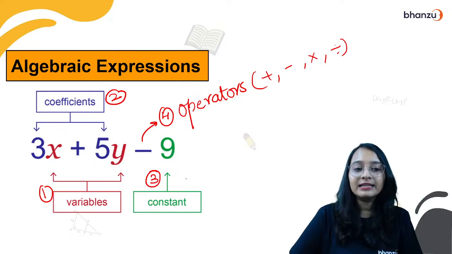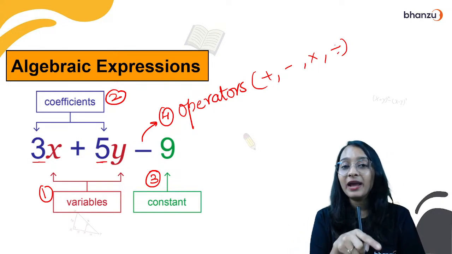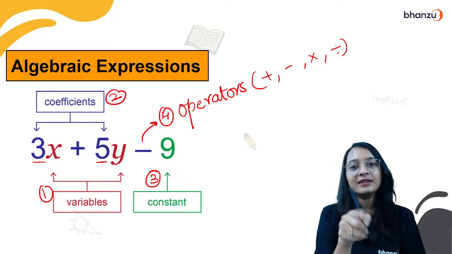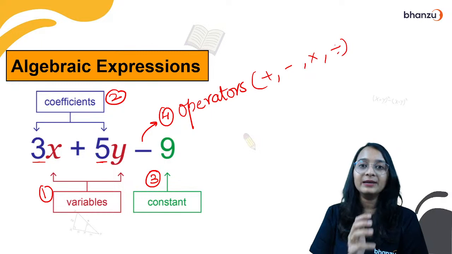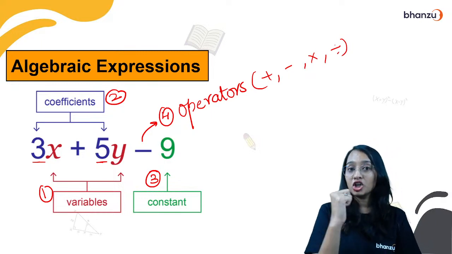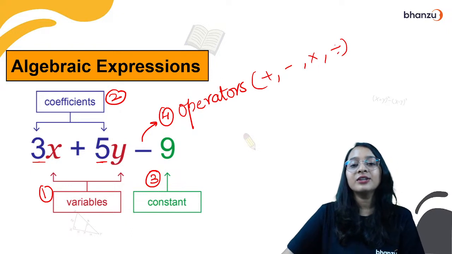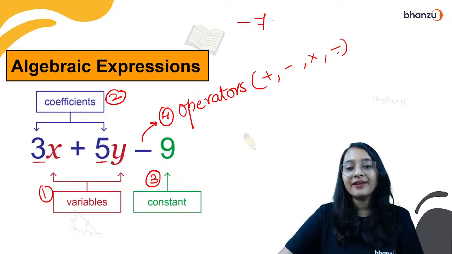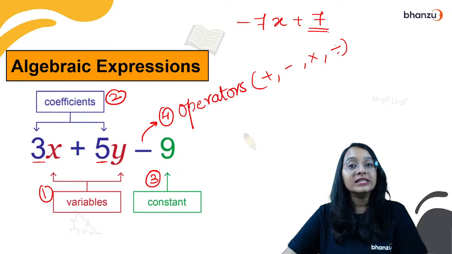Coefficients are also numbers, but these numbers are getting multiplied with the variable. Here, x and y are the variables, right? So these numbers are getting multiplied with the variables. That's why we don't call them constants. We call them coefficients. So if I say minus 7x plus 7, this 7 is a constant.